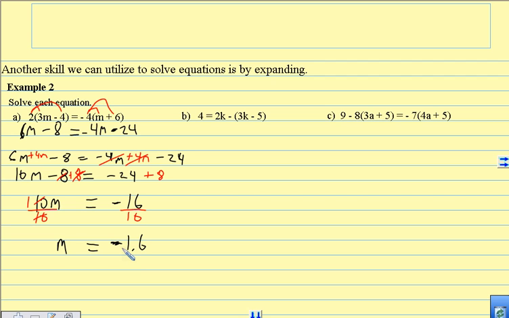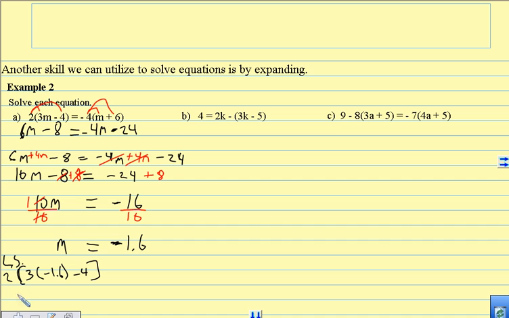Alright, so now if I wanted to check this, I would take m equals negative 1.6 and put it back into my original equation. So my left side would be 2 times, in square brackets, 3 times negative 1.6, and then minus 4.